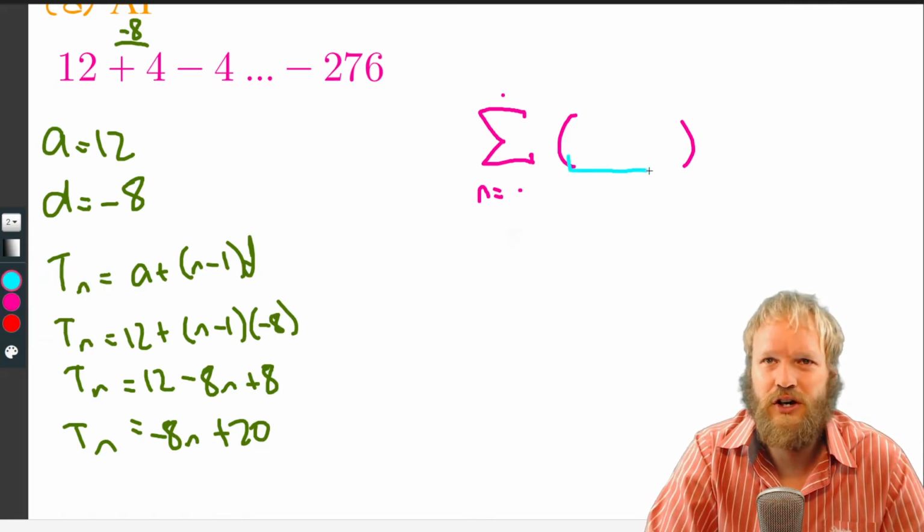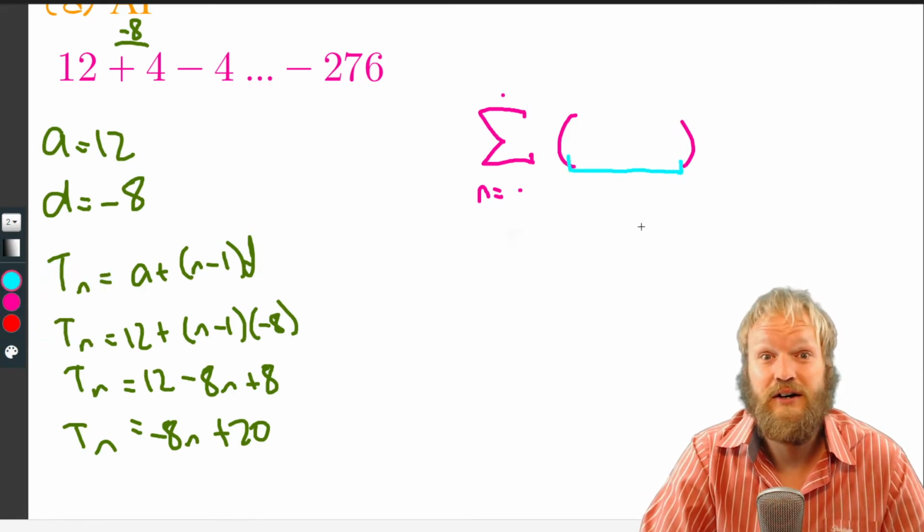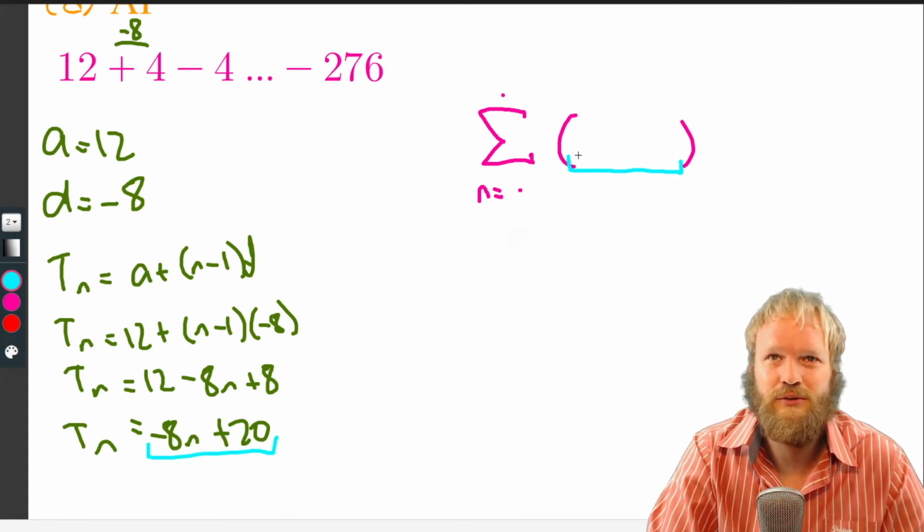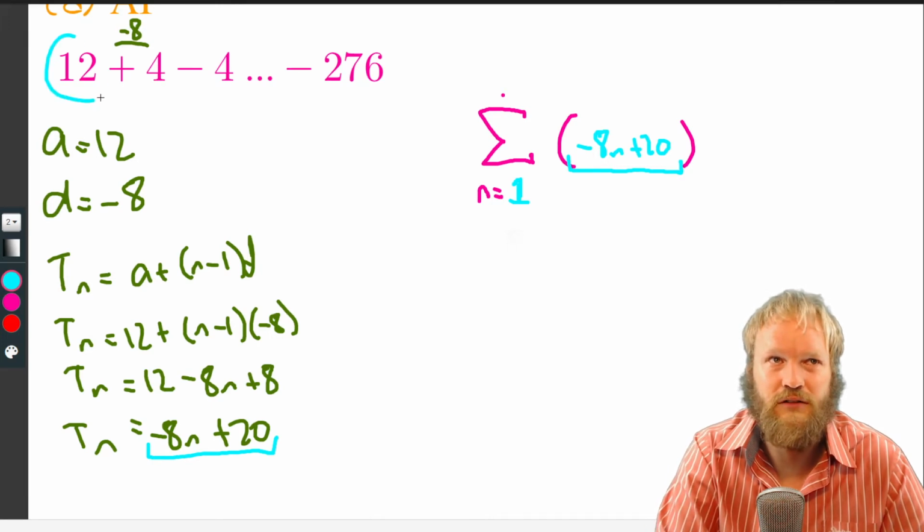What do you think is going to go in over here? Well, we've got a nice formula. Why don't we just put that in? -8n plus 20. Where should n start then? Well, n's going to start at 1, because if we substitute 1 in, we should, with a bit of luck, get our first term up there, right?